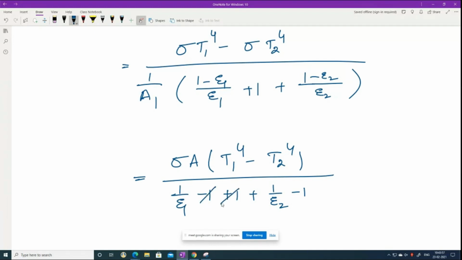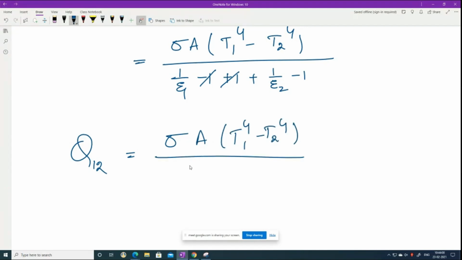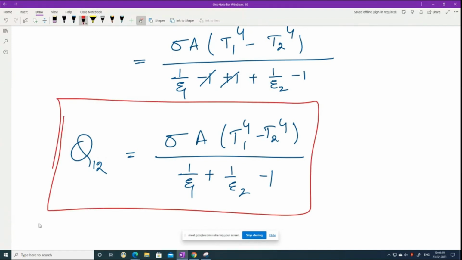This minus 1 and this plus 1 go. What I get is Q12 is equal to sigma into A into T1 to the power 4 minus T2 to the power 4 by 1 by epsilon 1 plus 1 by epsilon 2 minus 1. So I got the same expression that I got previously.